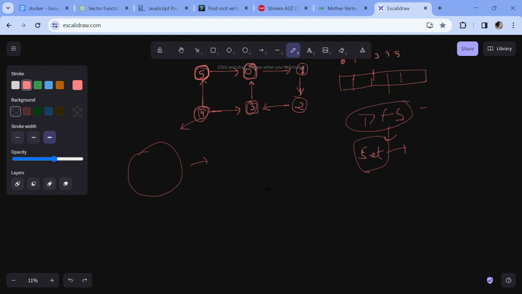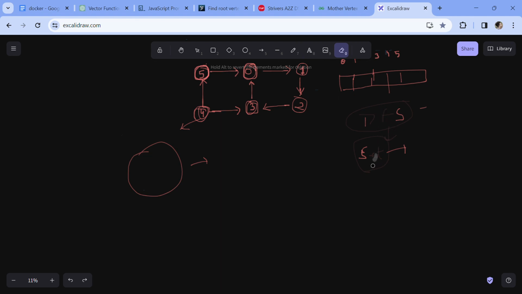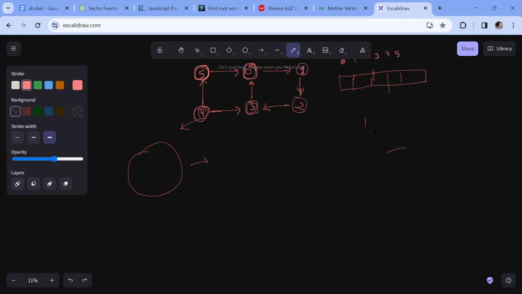Let's say I am starting from the 0th node. Let me write the adjacency list of this graph. From node 0 I can go only to node 1, and from node 1 I can go only to node 2.